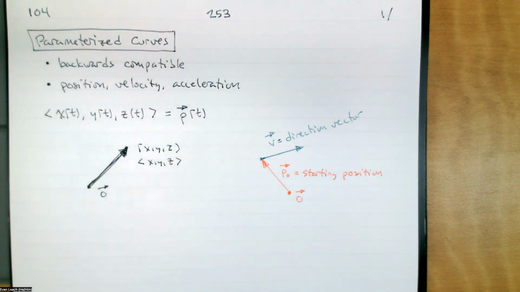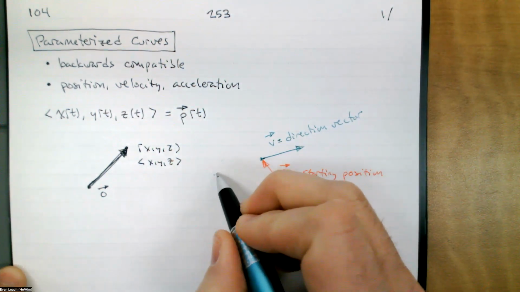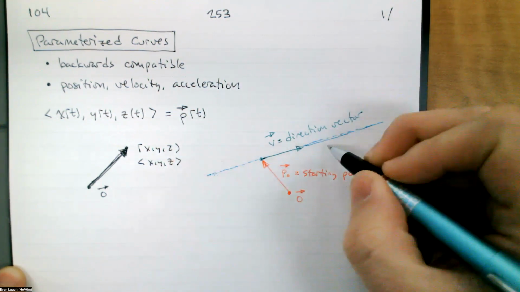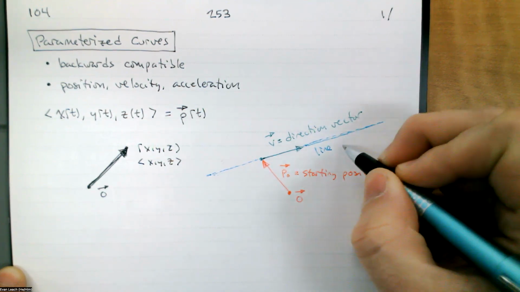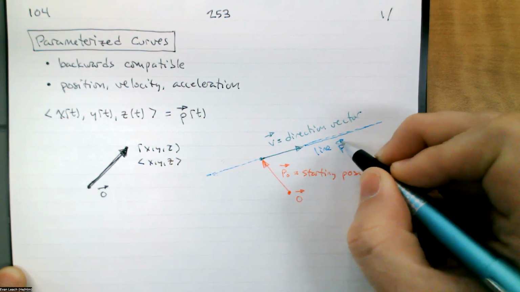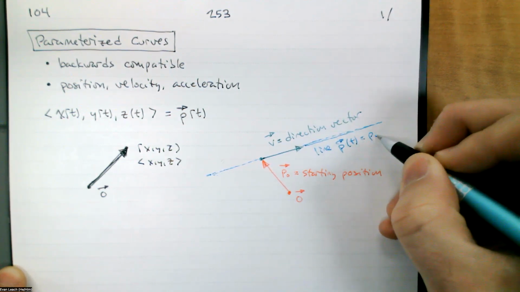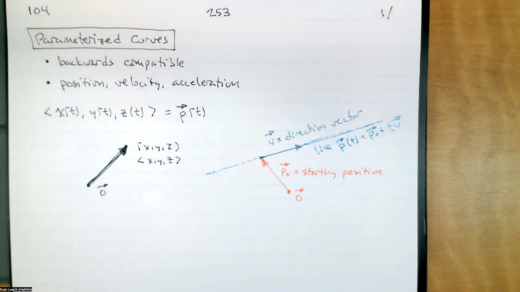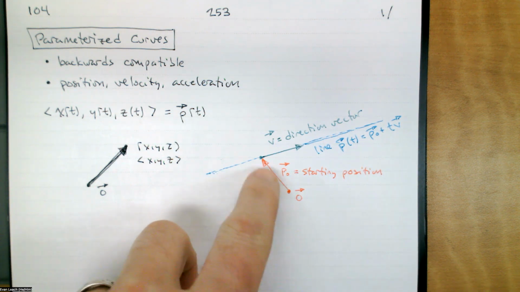And then this gave us an entire line in the direction of V containing the point P. Also, if we think about P naught as a position vector, we just put one end at 0 and the other end at P naught.